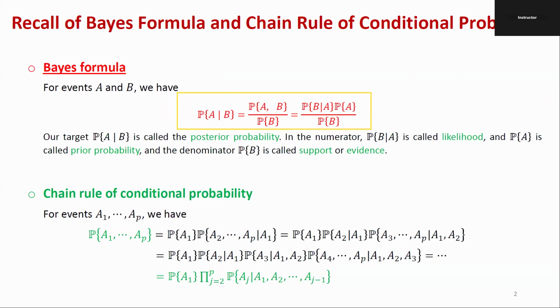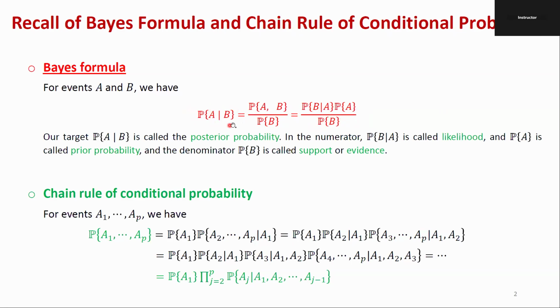In some textbooks they use P(A intersection B); here, to make my life easier, I just put A comma B. And P(A,B), using the conditional probability formula again, is P(B|A) times P(A), divided by P(B).